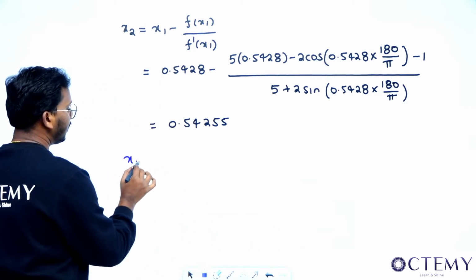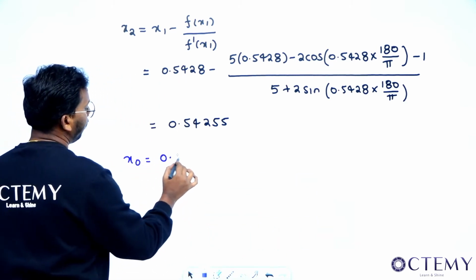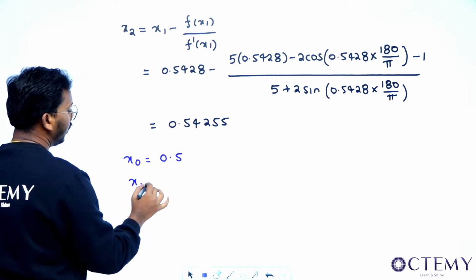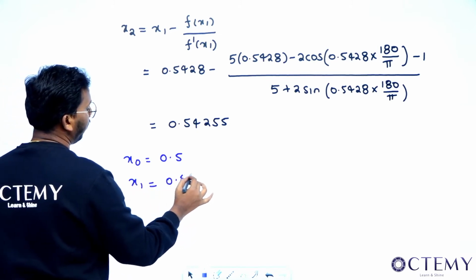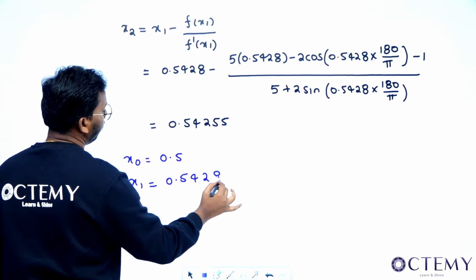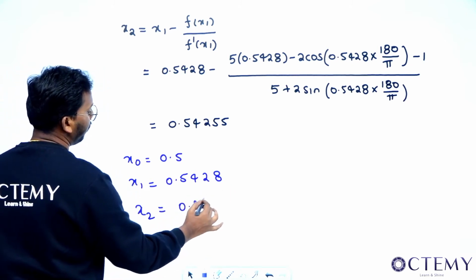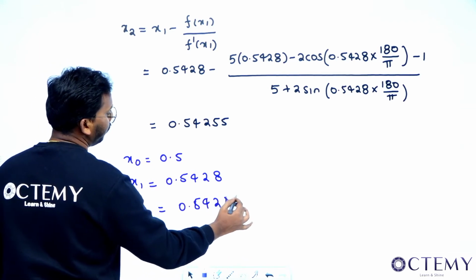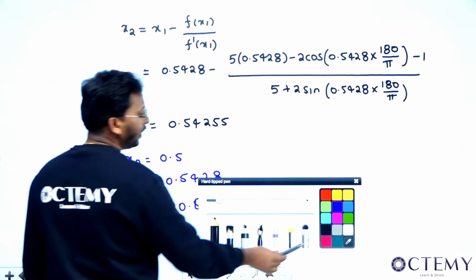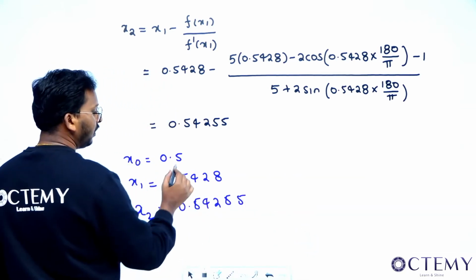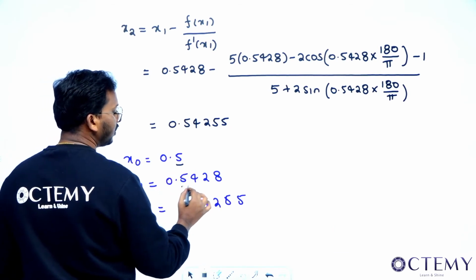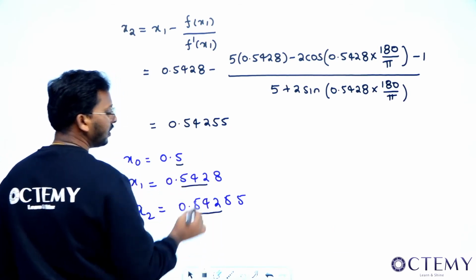So your initial guess x0 is 0.5. What was your x1? Your x1 is 0.5428. What is your x2, which we just got? That is 0.54255. That means how many decimal accuracy have we achieved? Here 1 decimal accuracy, here 3 decimal accuracy, and 3 decimal accuracy is accurate.